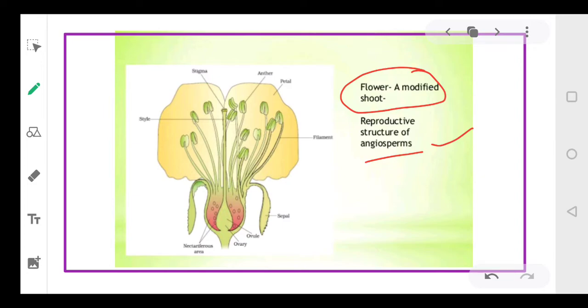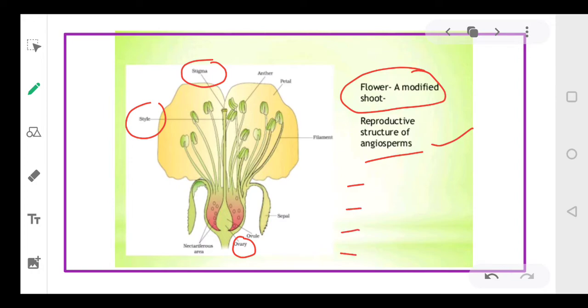And if you look at the flower, it is basically made of different parts, right? It has stigma, style and ovary. This is the ovary. Stigma, style and ovary together constitute the pistil. So we can basically categorize the different parts of the flower.